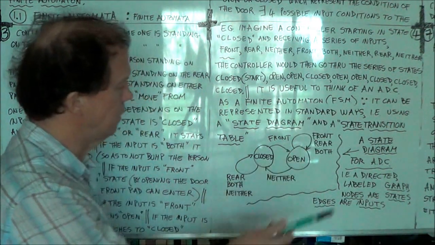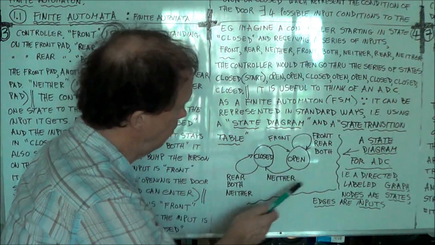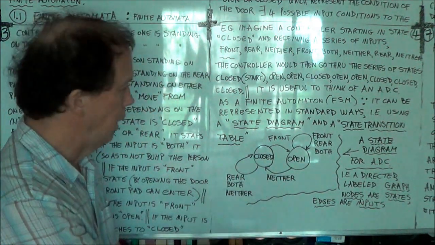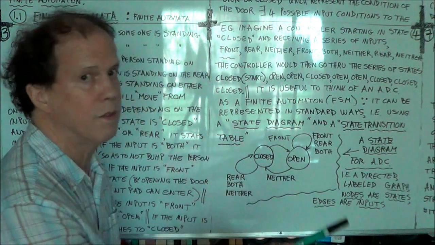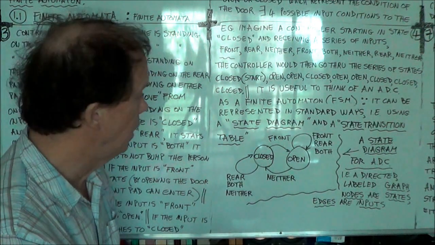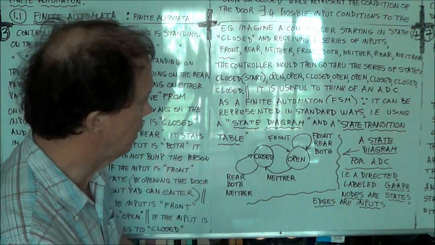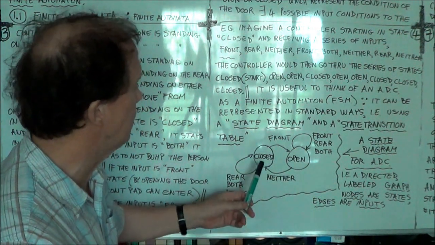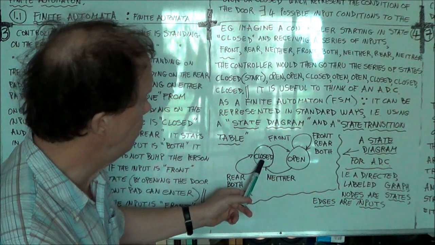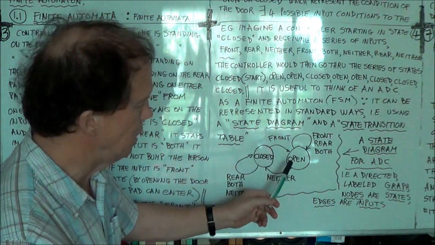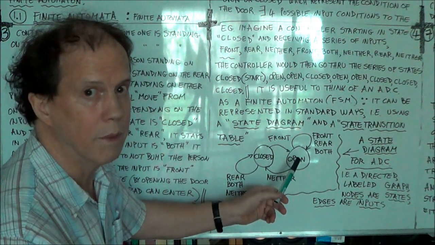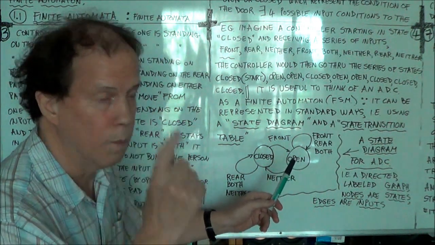You've got the states, you've got the possible input signals, and you've got the rules of transition, because you can deduce those rules just by looking at the state transition diagram. For example, if current state is closed and input signal is front, then next state equals open. That's an example of a transition rule.